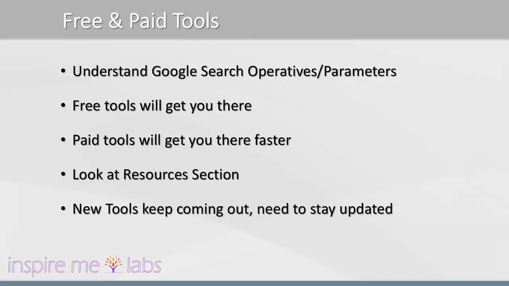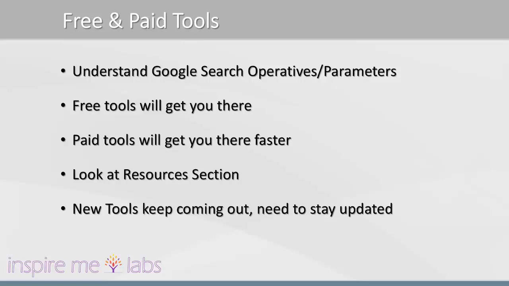Now, as far as the free and paid tools go, before we even talk about these tools, we need to understand what the Google search operators and the parameters are. We will talk about these in the next workshop, where I'll run you through these search parameters, because you need to understand things like the title tag and how Google uses that to understand how many pages on the web contain a particular keyword.